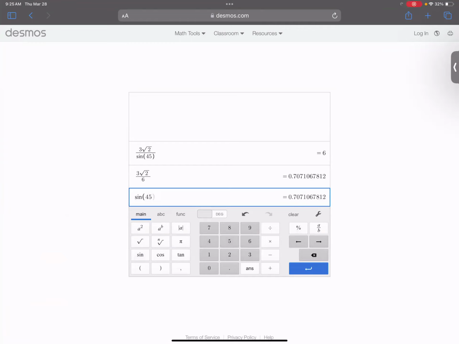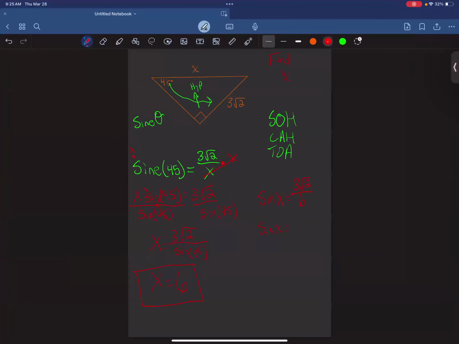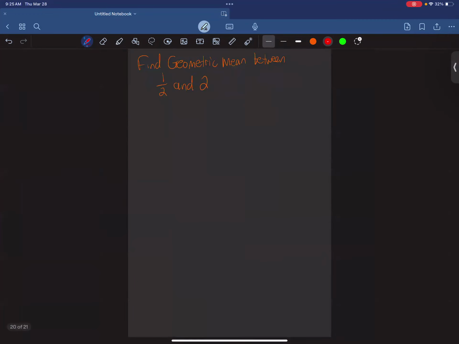Are those two equal? 100%. There are some conversions to convert this to angle measures that we can talk about if you all need to see that. It all comes back to the unit circle and things like that. But we can certainly talk about that if you have a problem that you need to see. So this is how I would approach this problem to solve for x and any problem where I'm missing a side measure.